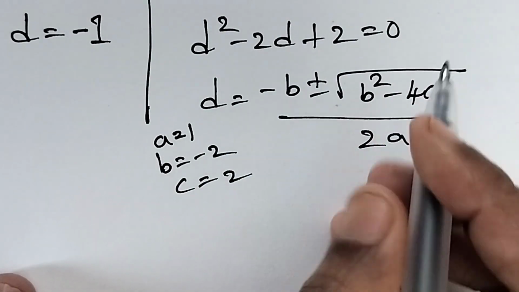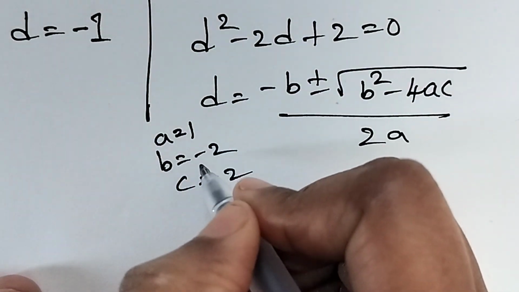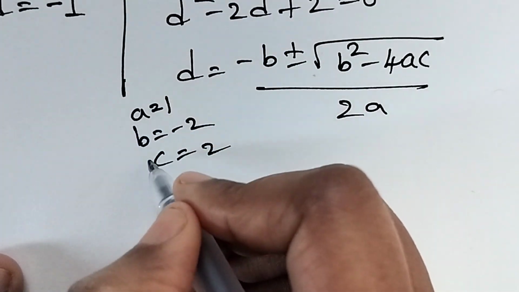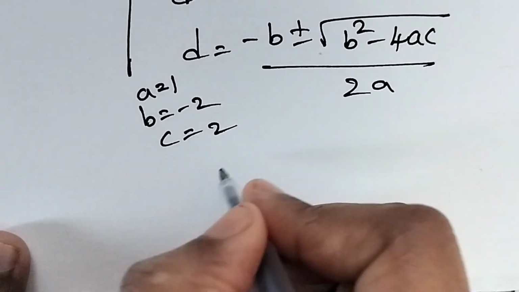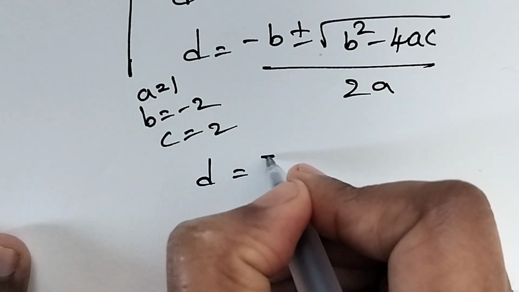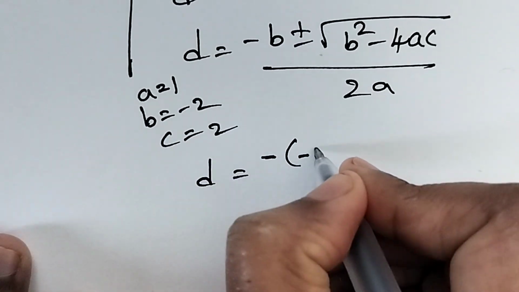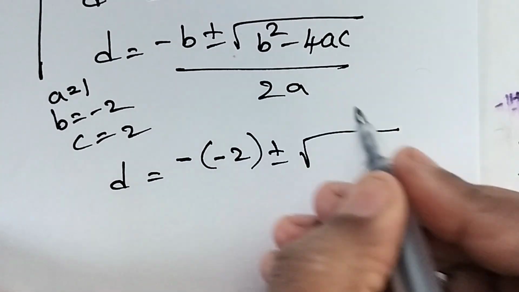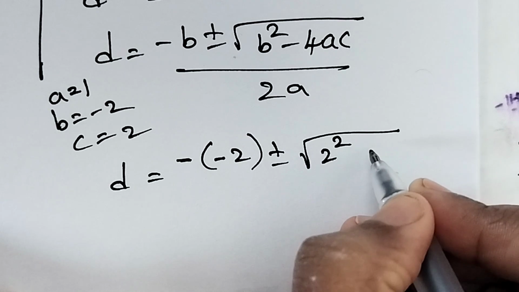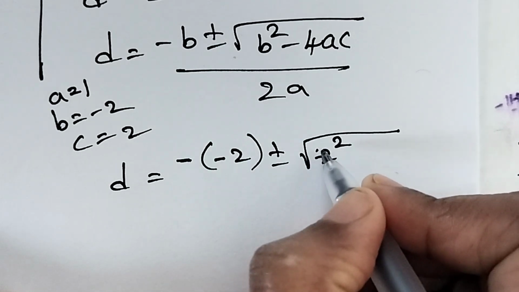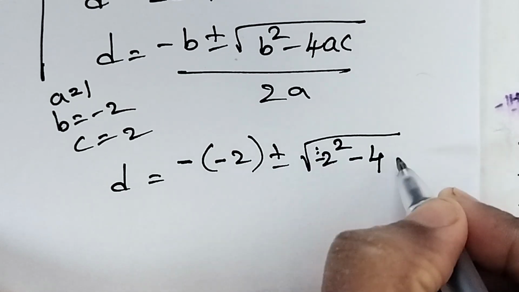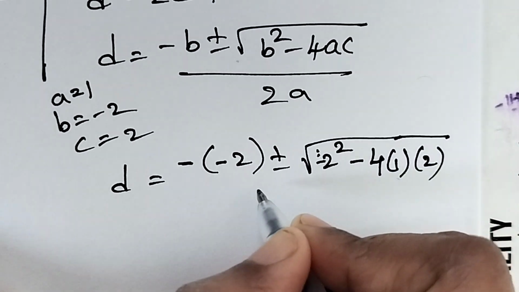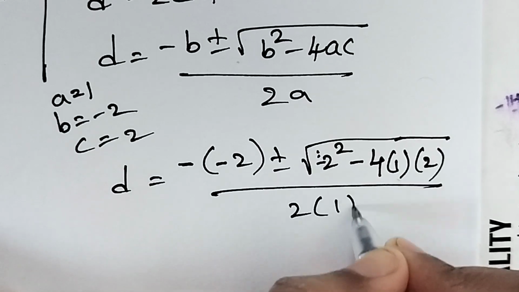Substitute these values in the formula to get the d value. d is equal to minus, b value is minus 2, plus or minus square root of minus 2 square minus 4, a value is 1 and c value is 2, divided by 2.